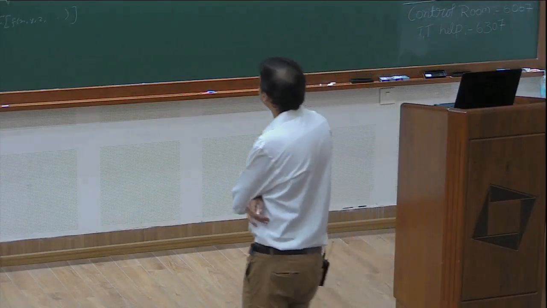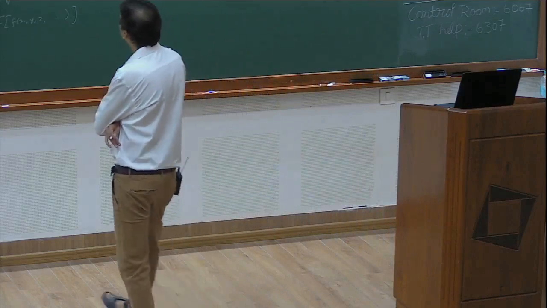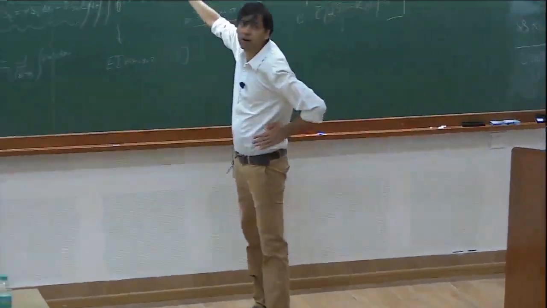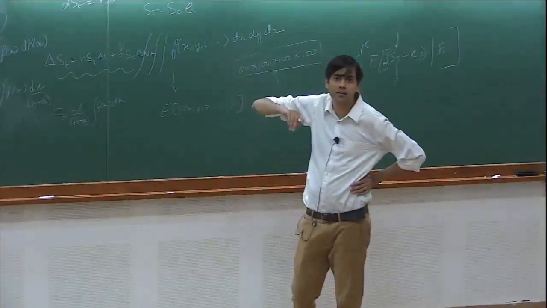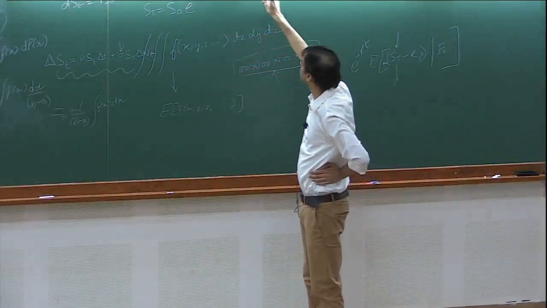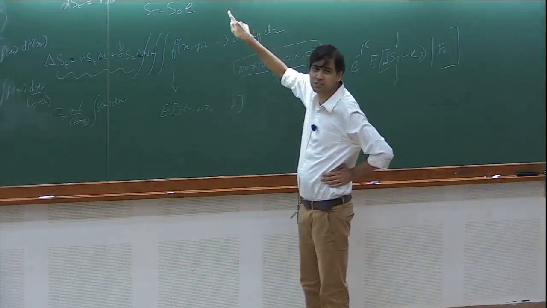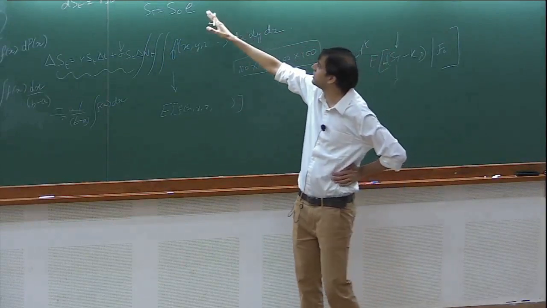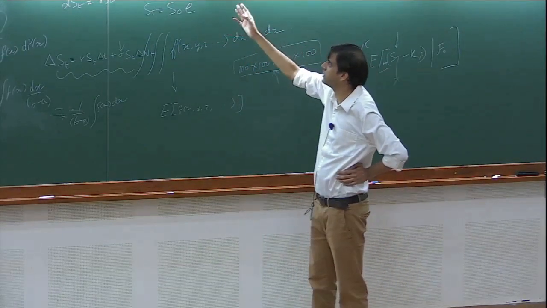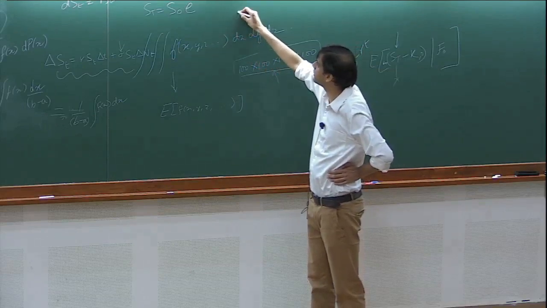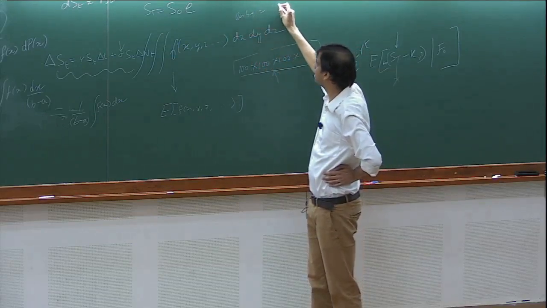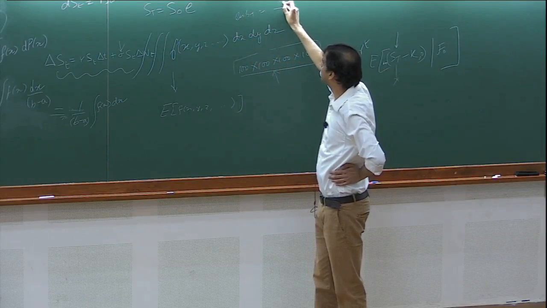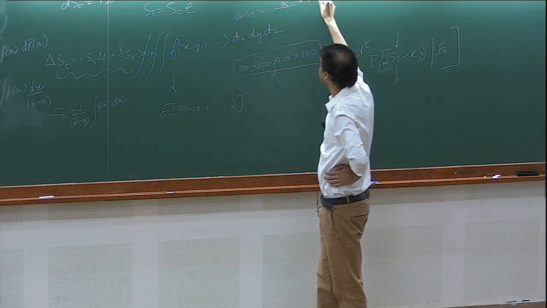So here we know the PDF, right? In this case, because you know the PDF of x, which is a standard normal, you would get the PDF of this one. So either you work with this, or you could even work with ln ST, and then you would get a term which is A plus BX, right?